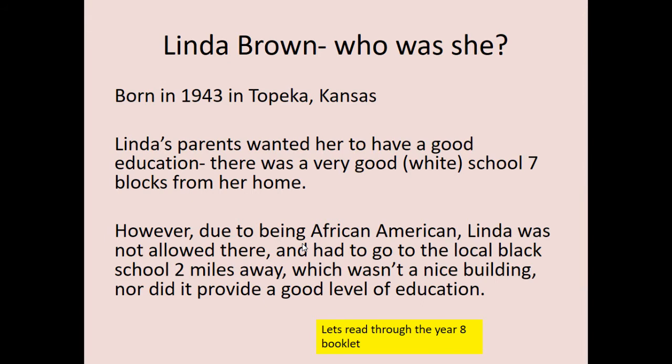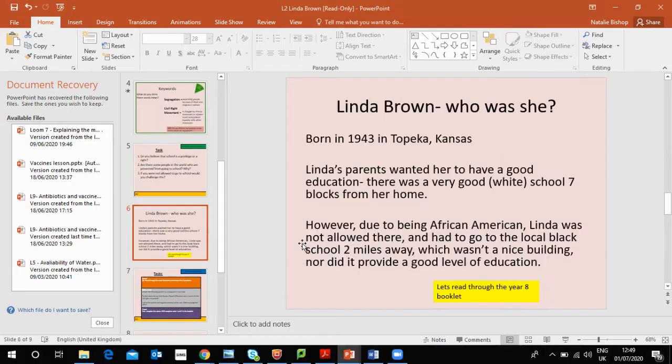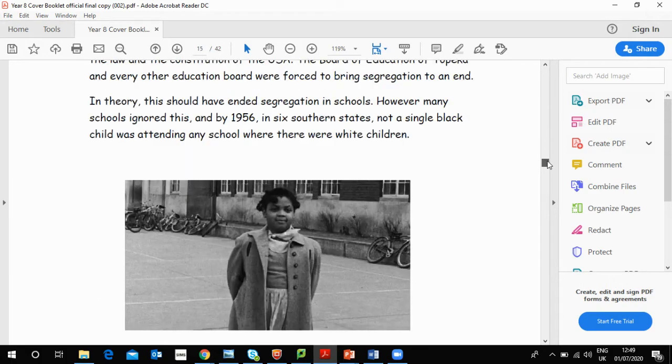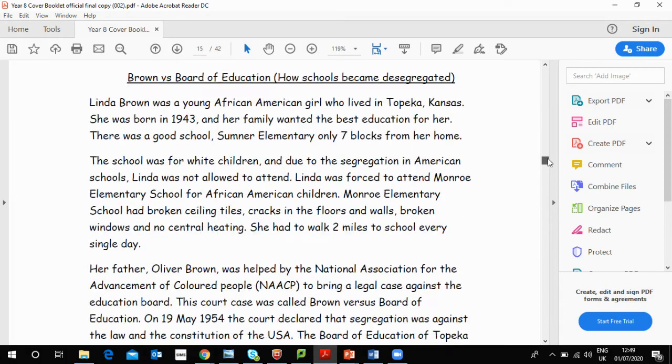So let's go through the Year 8 booklet in a bit more detail. Let's go up here. You can see where I had it from the last time I read it. Still annoying me. So I've read this bit here, so let's just go through this. So the school was for white children, and due to the segregation in American schools, Linda was not allowed to attend.